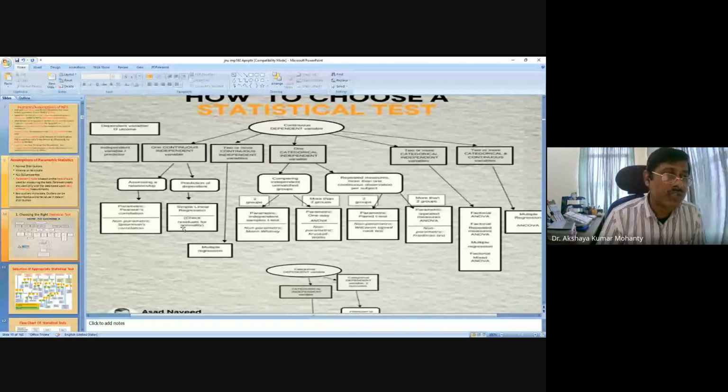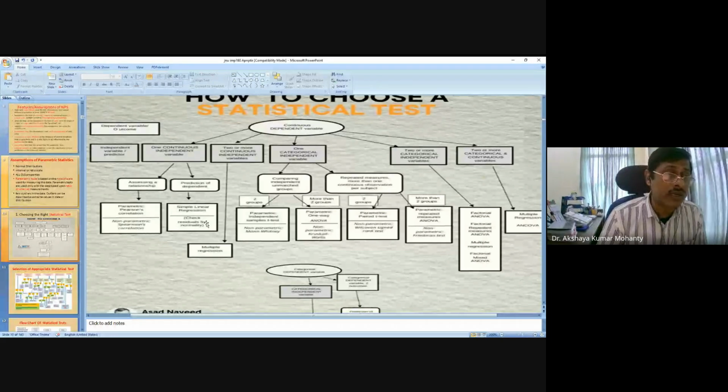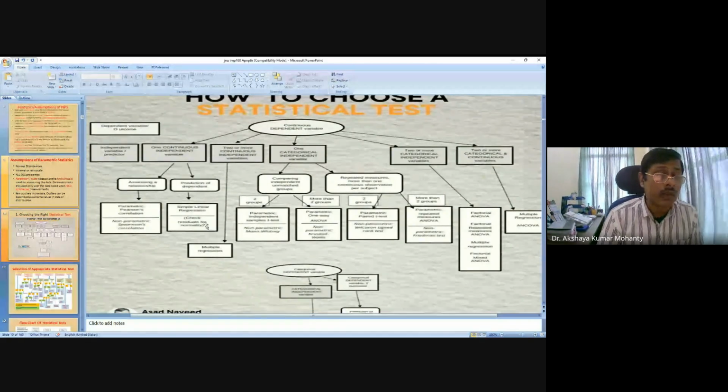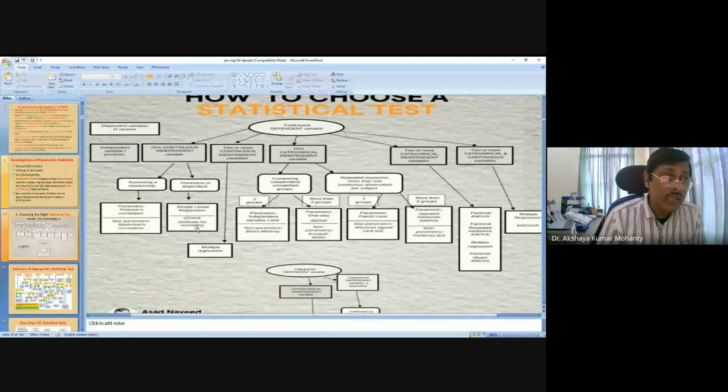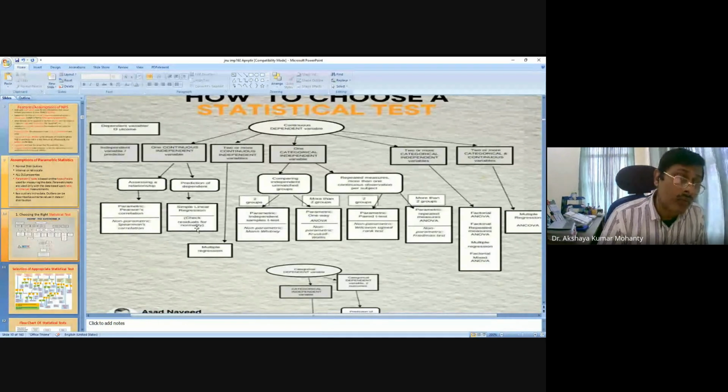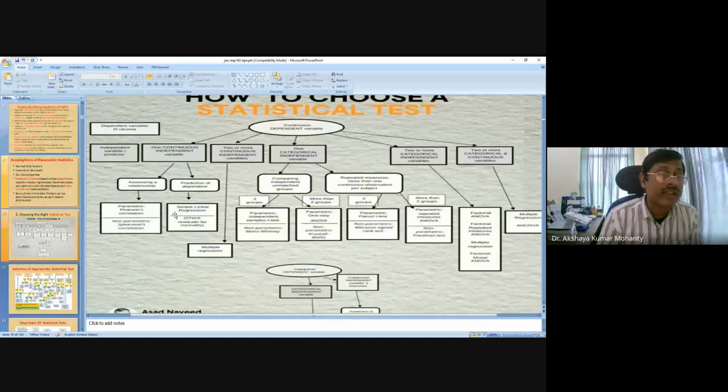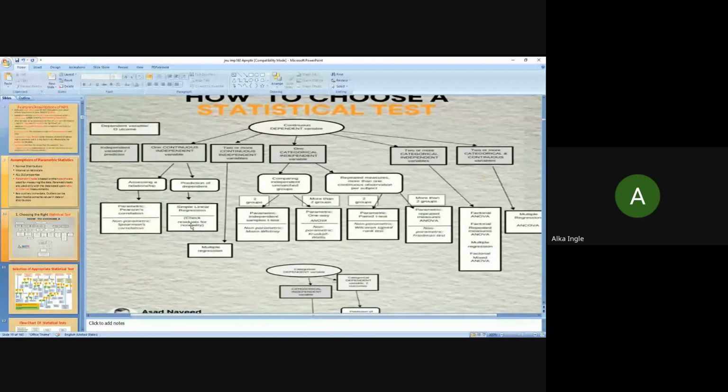Then check the residuals for normality. Whatever residuals are there under the simple linear regression, we have to check them for normality. If it is confirmed, then we can take it as granted.